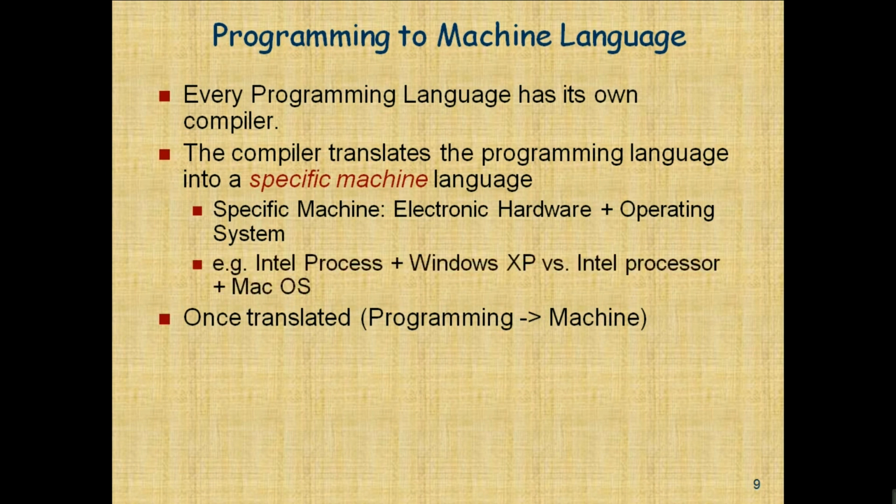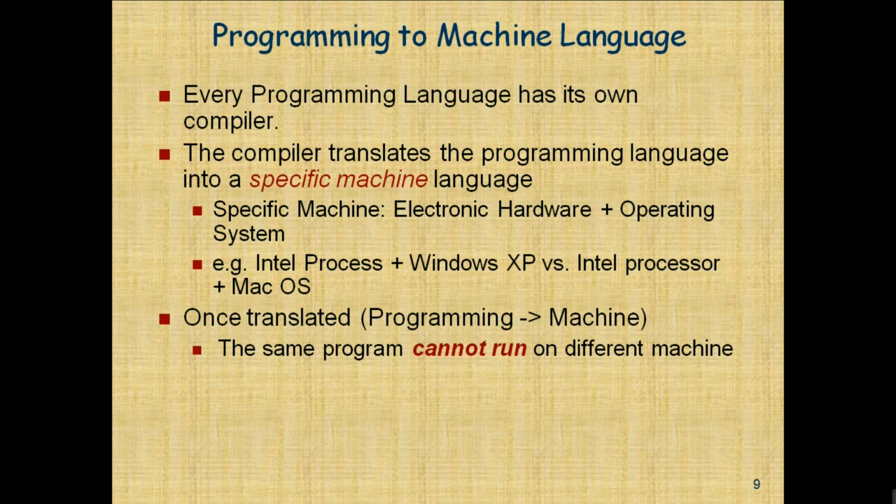Example of that. First example, Intel processor plus Windows XP. Other example is Intel processor plus Mac OS. Like that we can have number of combinations. Once translated, the program which you have written to machine code, the same program cannot run on different machine, right?